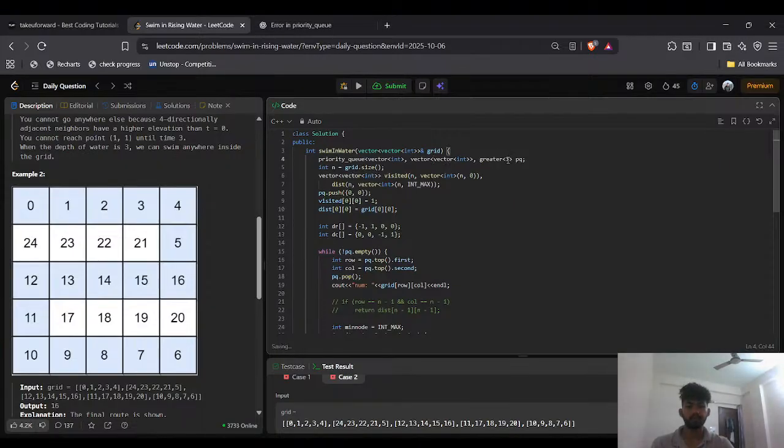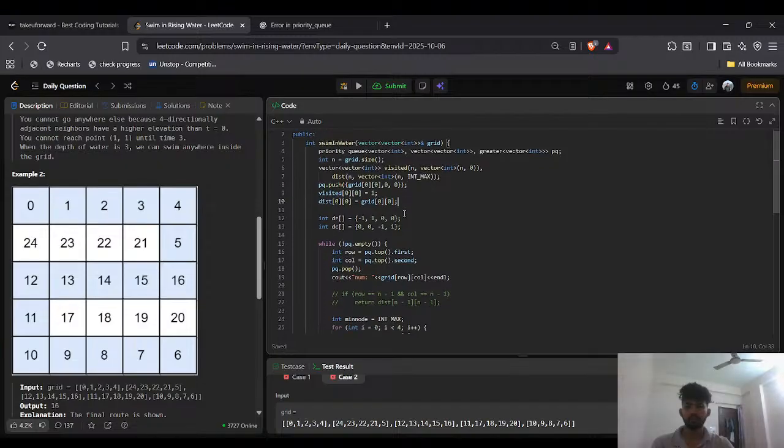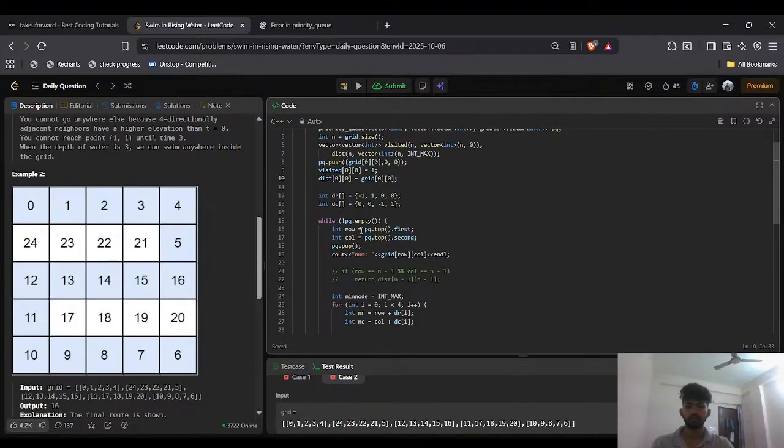Vector. This thing is okay. This thing is okay. Okay, this thing is okay. This thing is not okay.